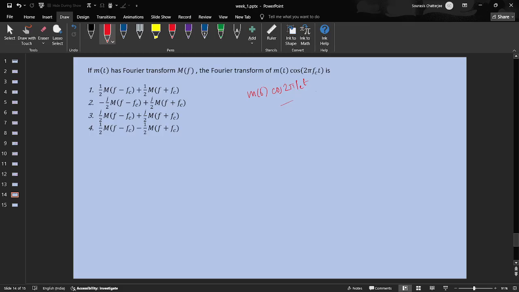How can I find it quickly, and what property more importantly can I use here? This cos 2 pi fct, can I write it in terms of a complex sinusoid, that is exponential, in any way? Is it possible?